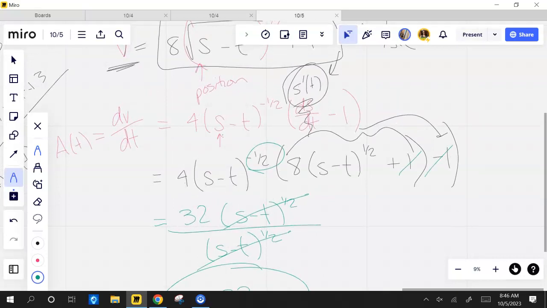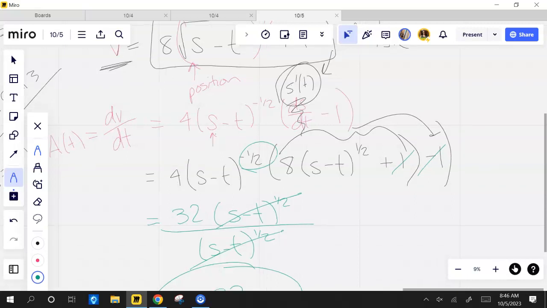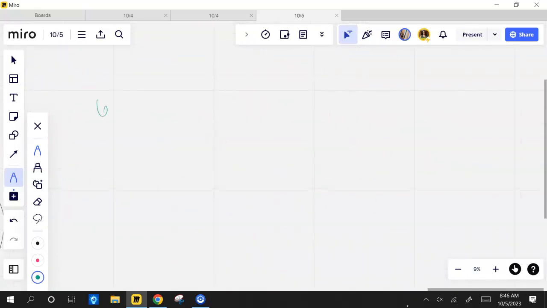All right. How about the multiple choice on your homework? 62. Which of the following is equal to the second derivative of, did they give us one to use? Oh, it's up top. X squared minus xy plus y squared equals 1.